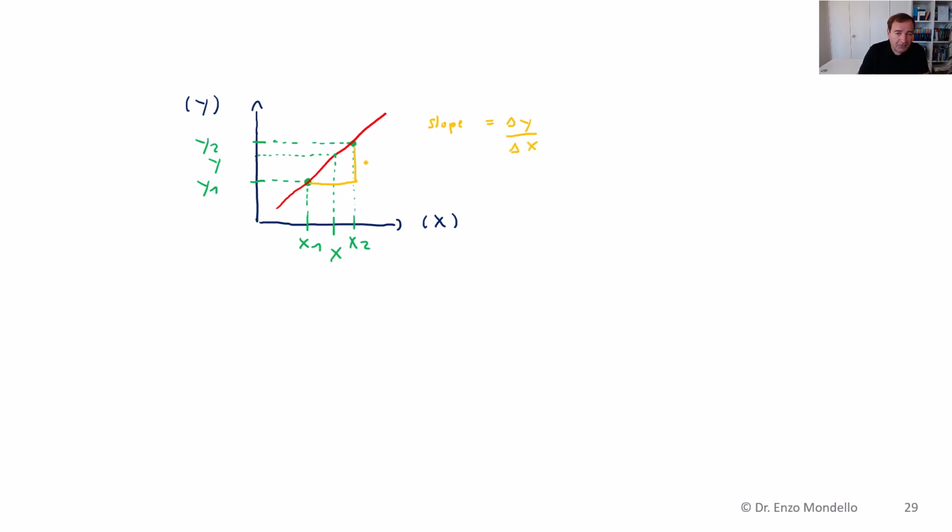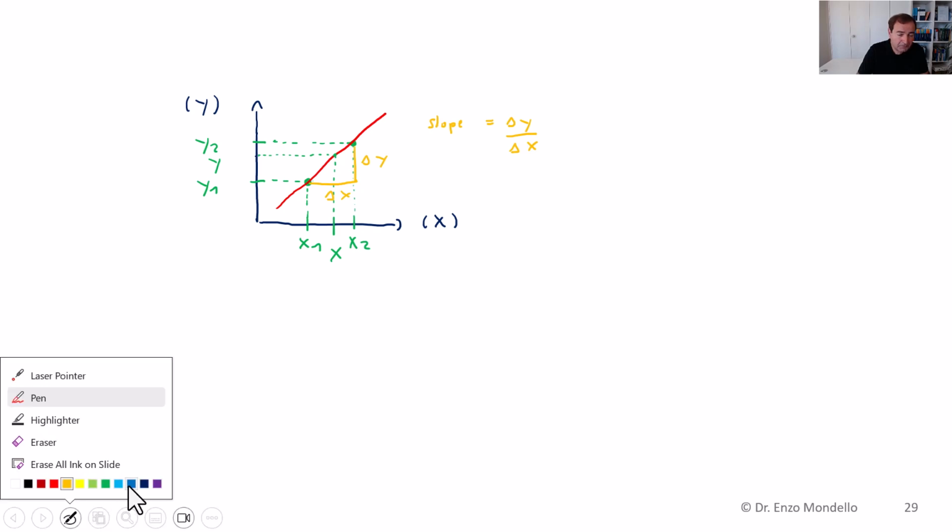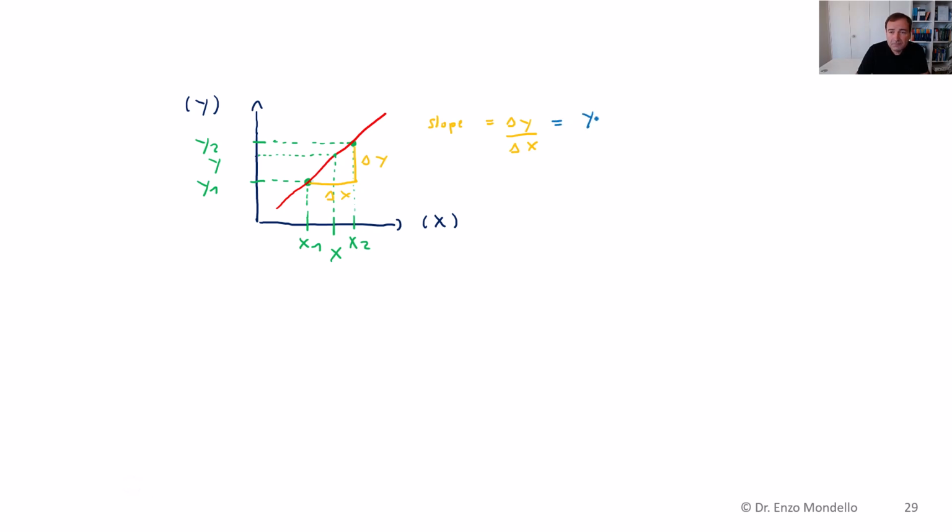The change in y is given by y2 minus y1, while the change in x is given by x2 minus x1. It doesn't matter at which point we calculate the slope of a straight line. The slope of the straight line is always the same along a straight line.